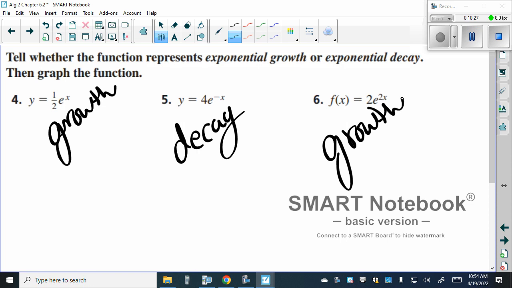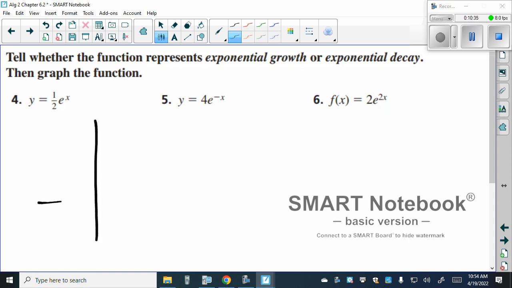No. Because really, to graph it, it's just, okay, I'll erase this here. If I wanted to graph this, well, when x is 0, this here is going to be at 1/2.